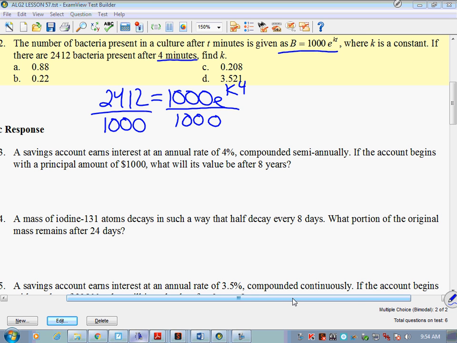Okay, and that's going to equal 2.412 equals e to the power of k to the 4th. At this point, I know that my power, if I remember my natural log, let's go back and look at that note again.